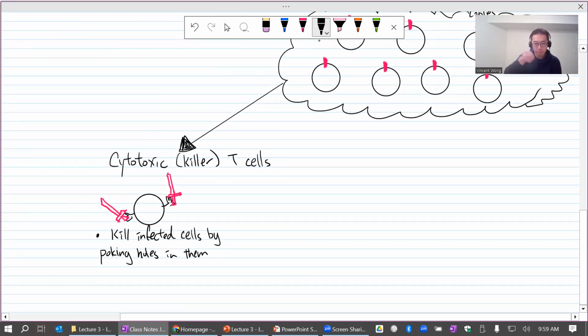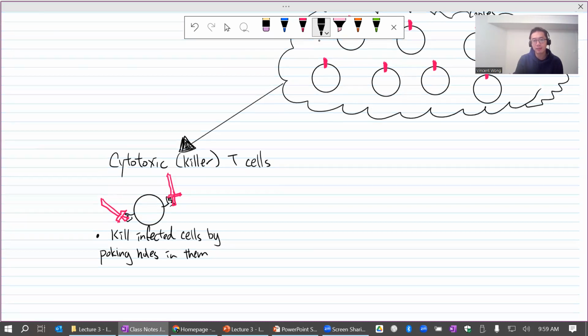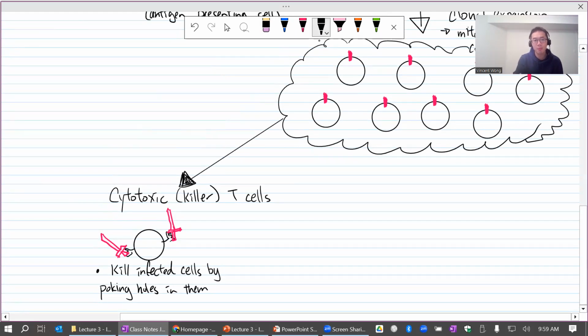So poke at them, make them leak, make them die, kill the infected cells. So these naive T cells, some will become the cytotoxic T cells. It's like different options that they could become.